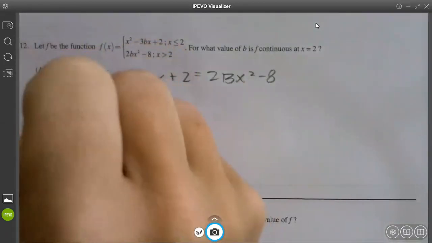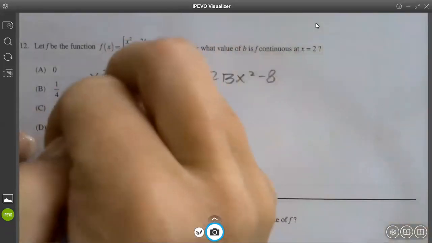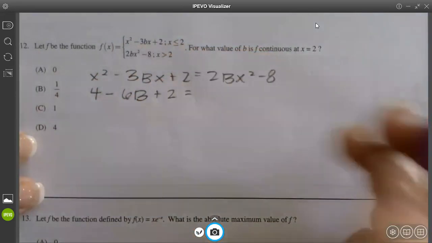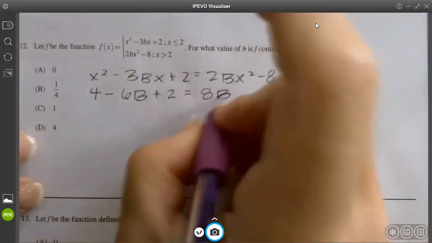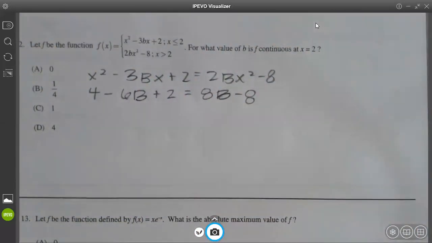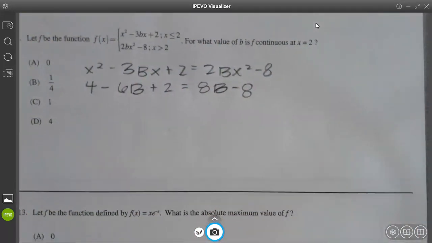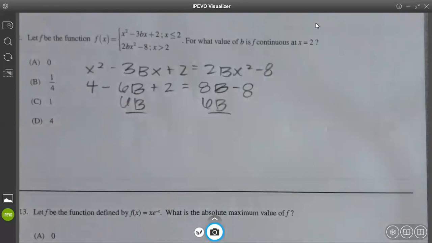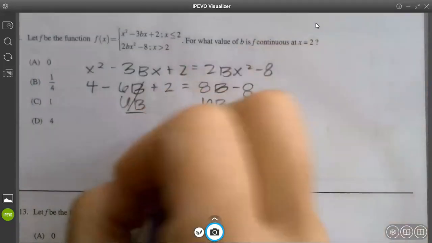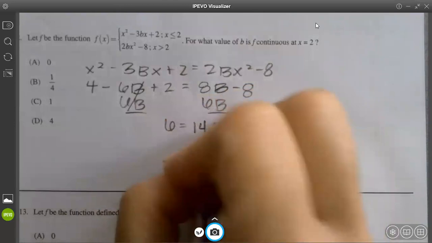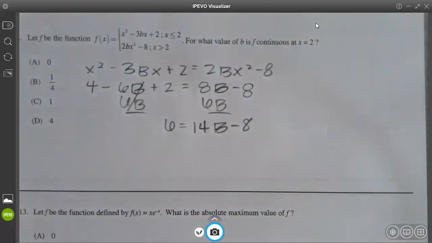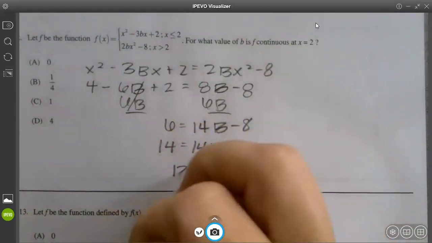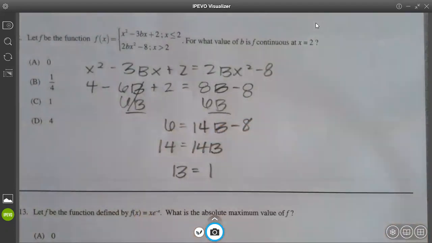So 2 squared is 4. 3 times 2 is 6b plus 2. 2 times 4 is 8b minus 8. I'm going to move my 6b over, and I know you can add your 4 and your 2, but I'm not going to do that just yet. Add my 6b over. 4 plus 2 is 6 equals 14b minus 8. Add your 8. You get 14 equals 14b, and b is going to equal 1.